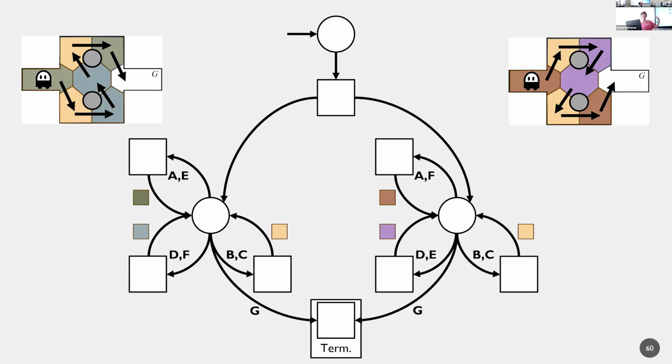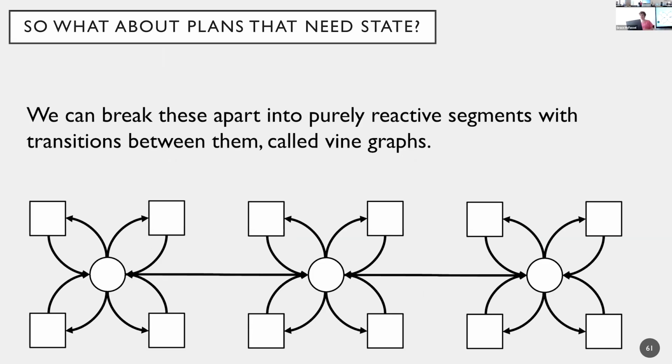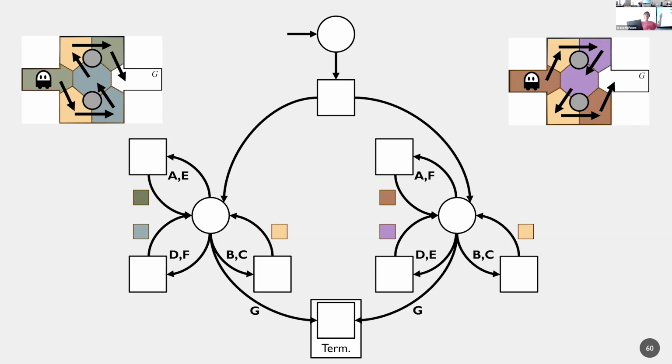So by breaking plans apart, not only into action-based sensors, but also into these reactive segments with transitions between them, which we call vine graphs because they're flowers connected by branches, the robot can very precisely express how much memory it actually needs. And more importantly, if we go back, we see that this choice occurs before this robot even makes a decision.